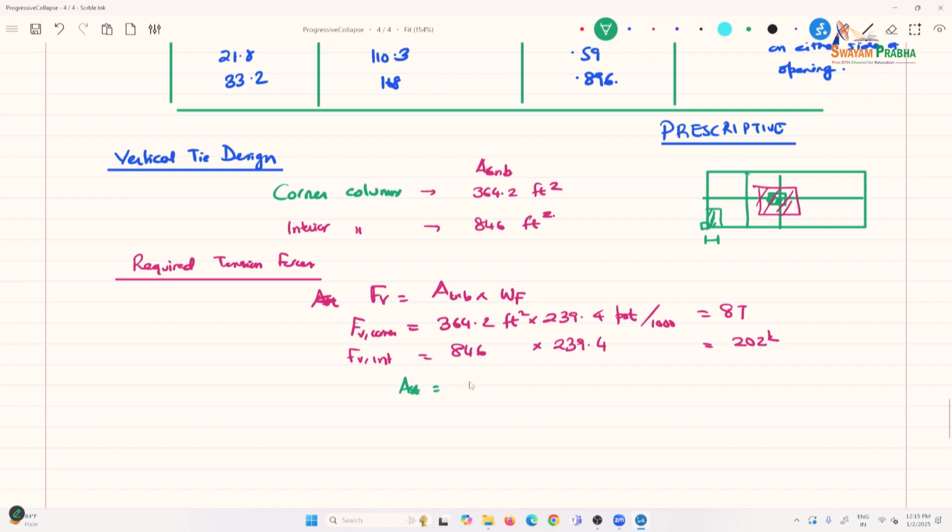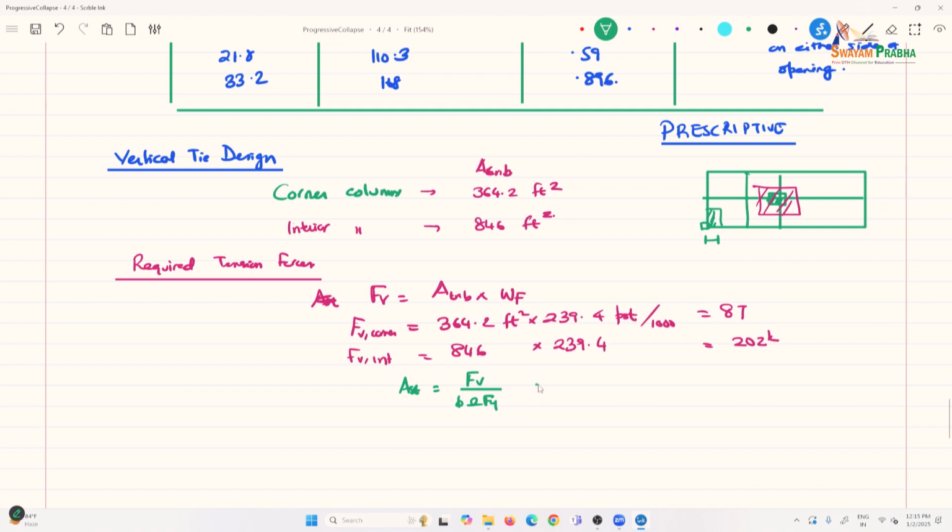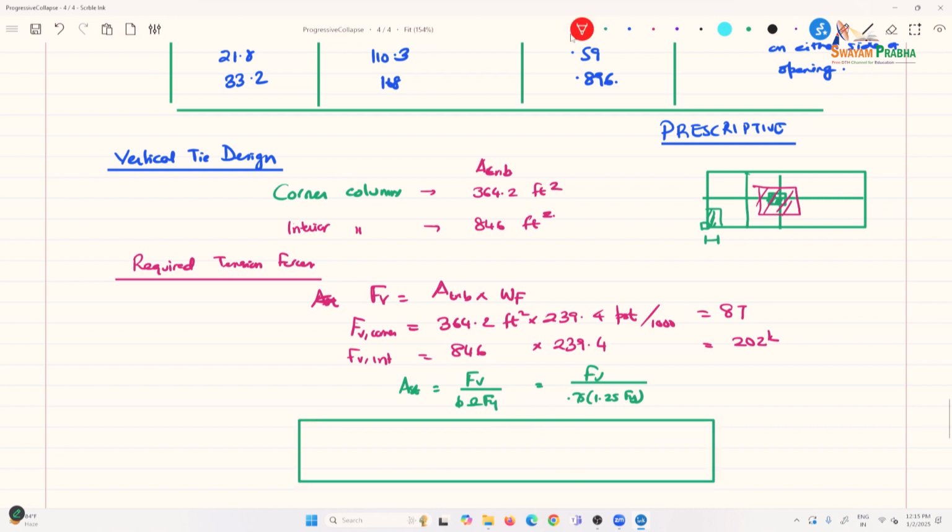And AST is Fv divided by phi omega Fy. Phi and omega still remain the same, so this is Fv divided by 0.75. What we get is, for the corner, AST is equal to 1.54.